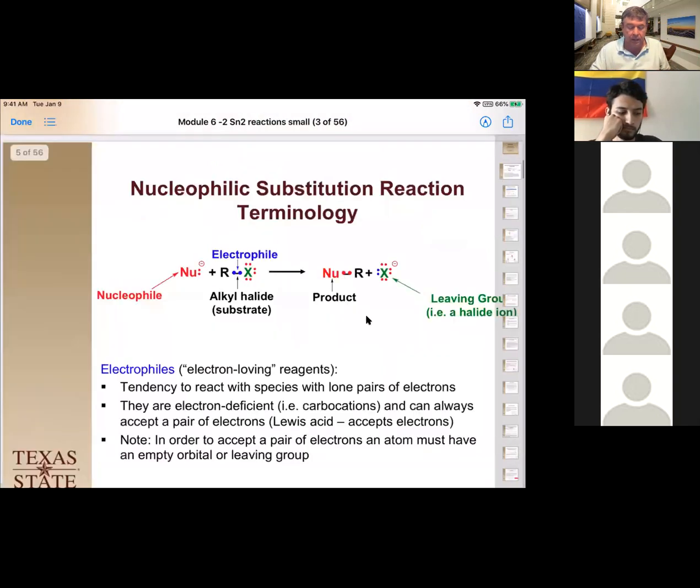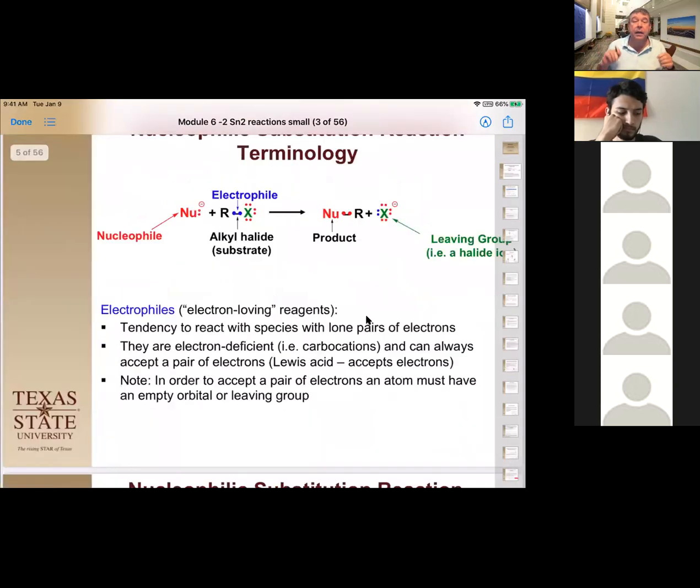Okay. So the electrophile tends to be a species that will react with that, but you tend to have a polarized bond. One half of that bond is going to be slightly electron deficient. The other side is going to be willing to accept those electrons. So we're going to see that the electrophile portion of that bond is where the positive side of that bond is, or partially positive.